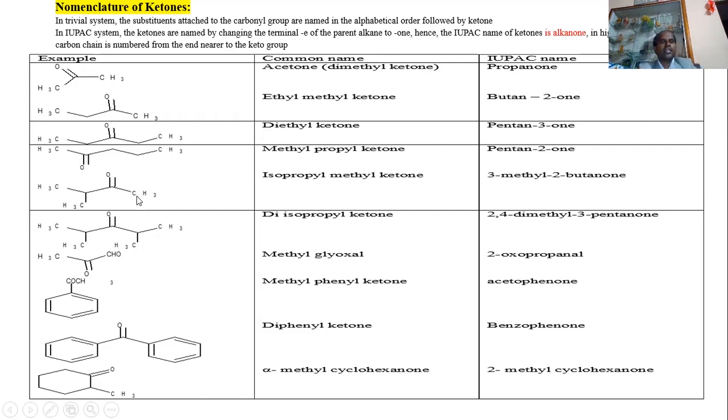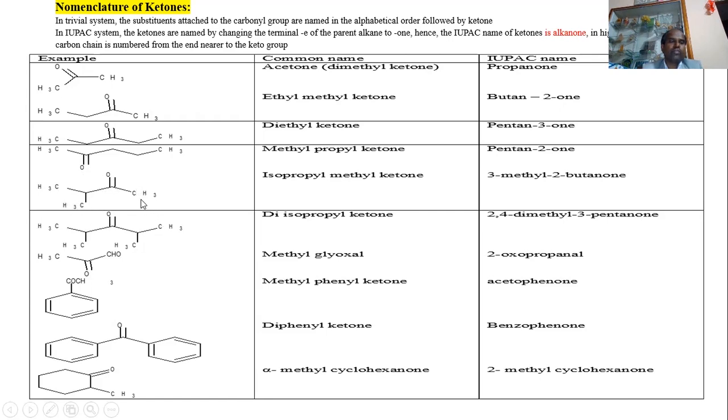And let us assign the IUPAC name for this. When we are assigning the IUPAC name, we have to select a parent chain. This parent chain is 1, 2, 3, 4. At the 3 position, there is a substituent.